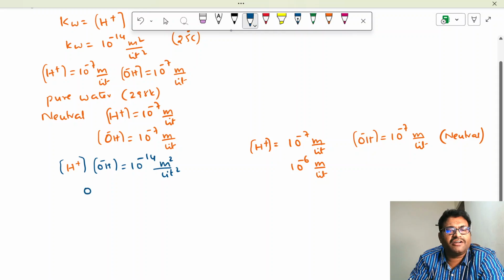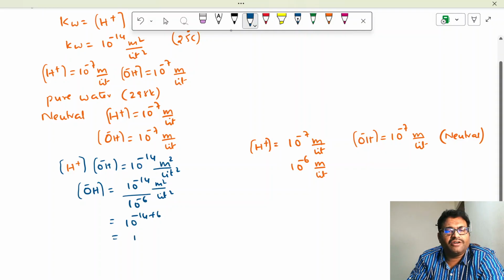Then OH minus ion concentration will be equal to 10 power minus 14 mole square per liter square by H plus, which is 10 power minus 6. Then you get 10 power minus 14 plus 6, that is equal to 10 power minus 8.